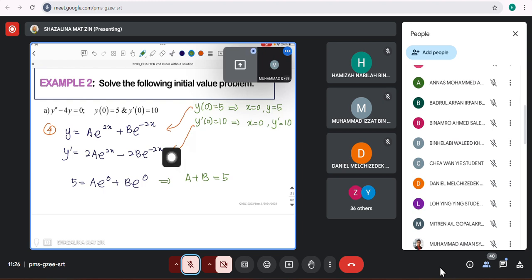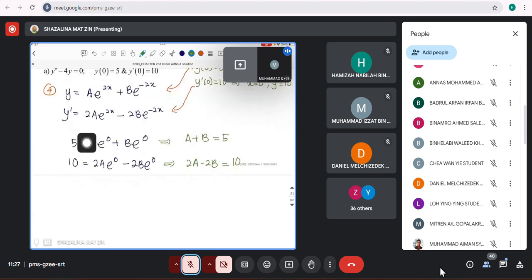Next, condition number 2, substitute y prime: 10 equals 2a e^0 minus 2b e^0. Again, e^0 is equal to 1. Simplify, we have 2a minus 2b equals 10. From these two equations, you can find the value of a and b.